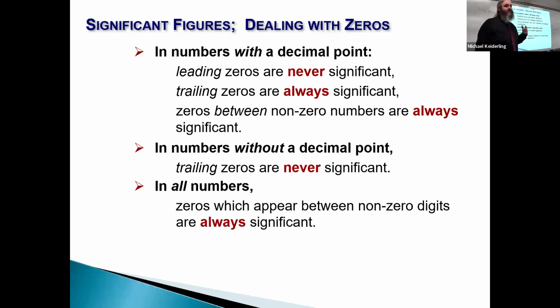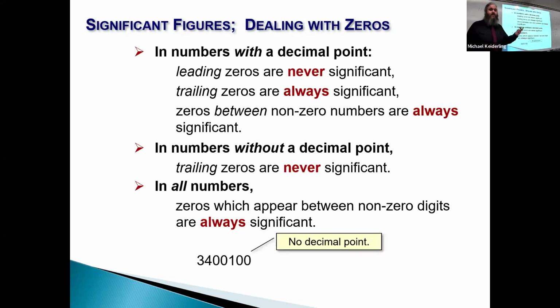But any zero that is between non-zero digits is significant. Any non-zero digit is significant. So here, 3,400,100. This has no decimal point, so the trailing zeros don't count. So it has 5 significant figures, because the ones in the middle do.